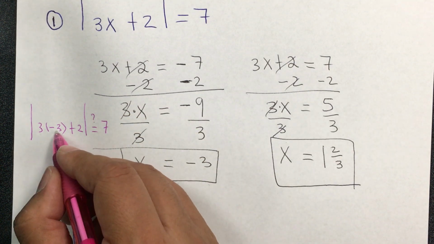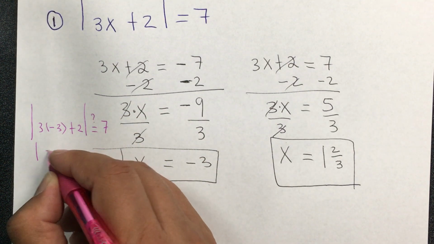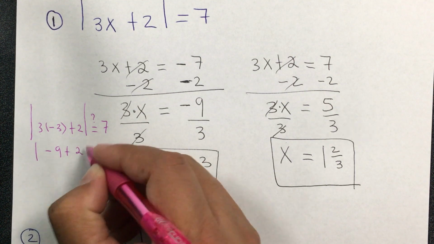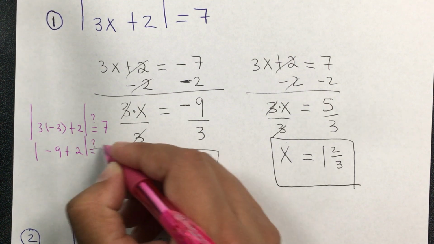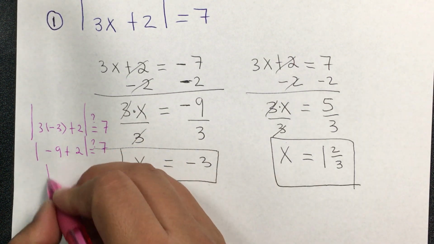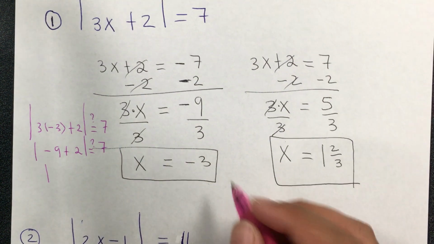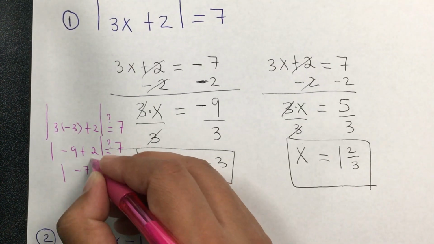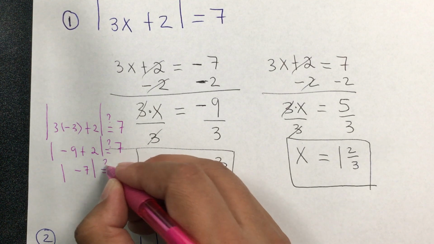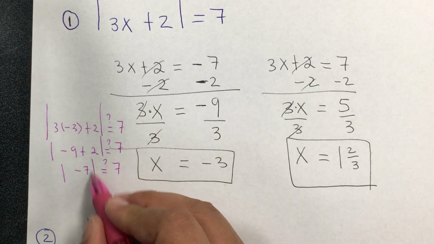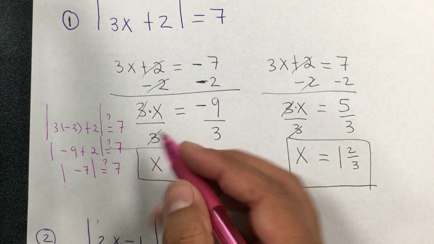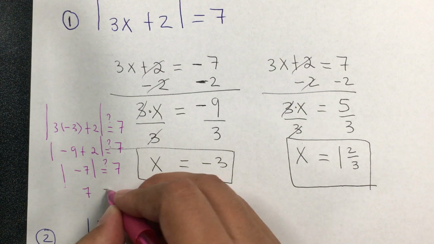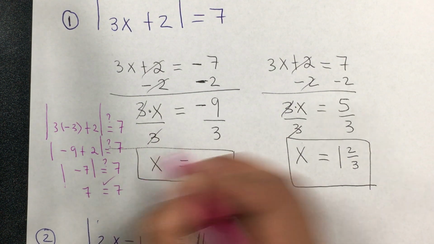And then 3 times -3 is -9 plus 2. Is it equal to 7? Then -9 plus 2 is -7. Is it equal to 7? And we take the -7 out of the absolute value, which is +7. Yes, it's equal to 7, so we say check.